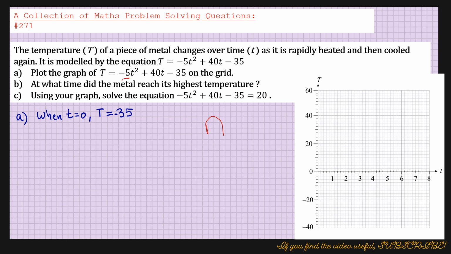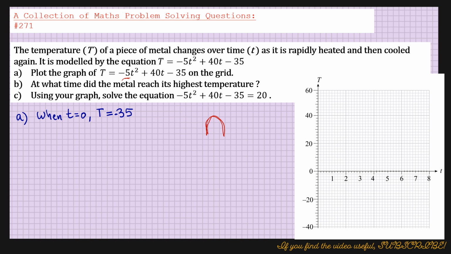That's going to be the shape of the curve, and we need to find where it cuts the x-axis, in this case the t-axis or time axis, and also where it cuts the temperature axis, the y-axis.